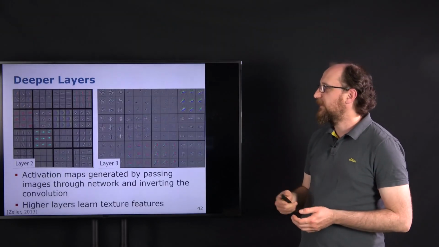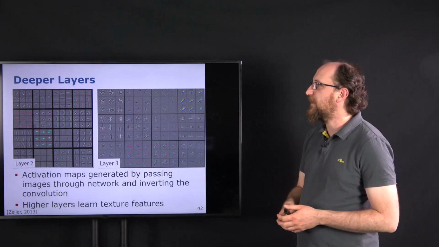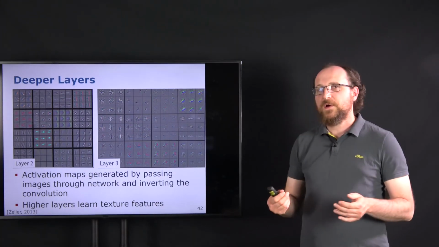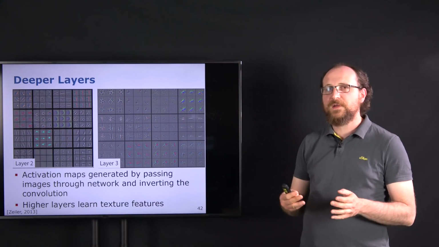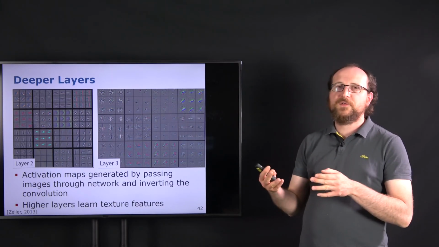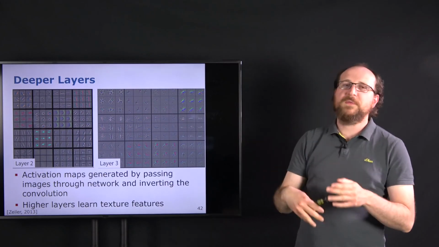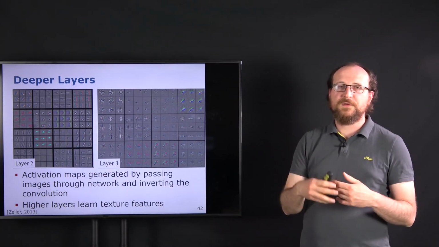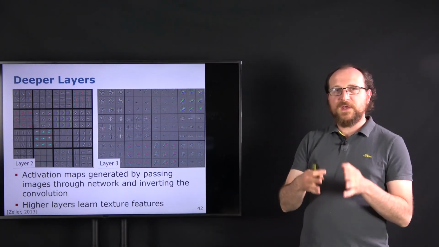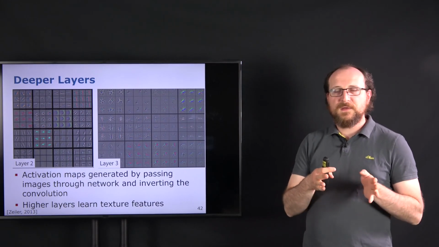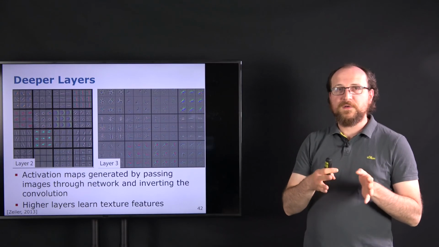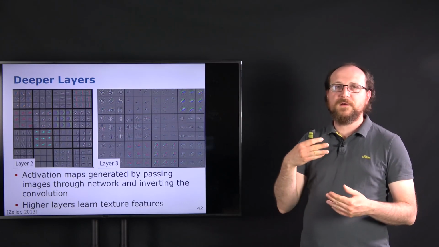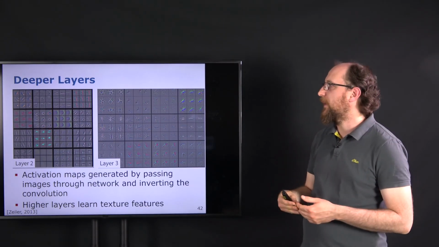And there, Zeiler and Fergus came up with an interesting idea of just running an image through the network, and then at this specific layer basically reverting the convolutions and the max pooling and so on, to get in the end the activation map that this kernel or this layer is basically focusing on.